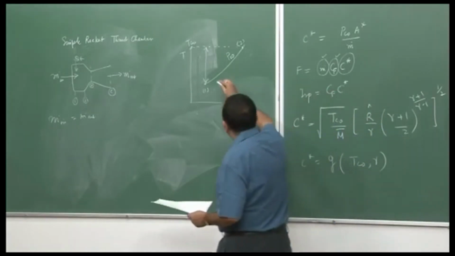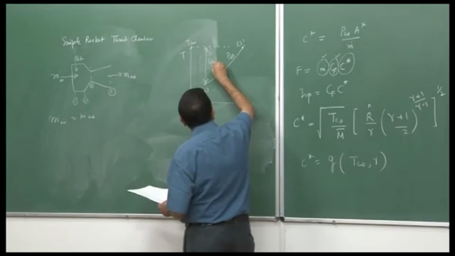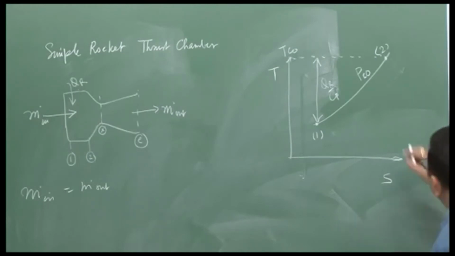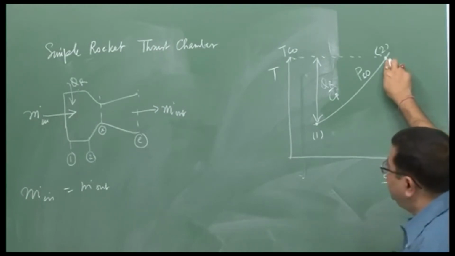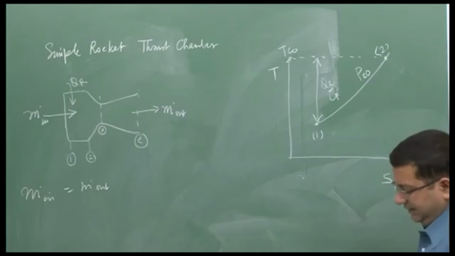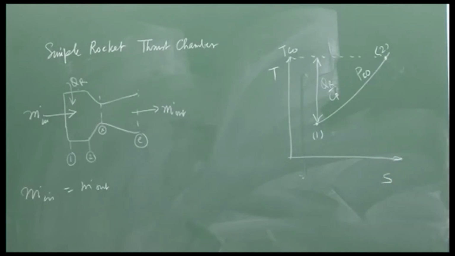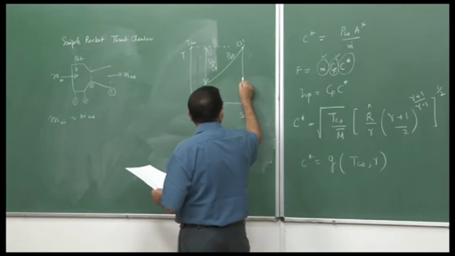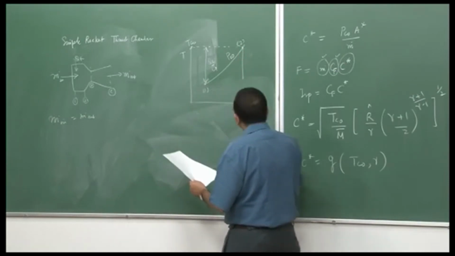So, this will be equal to Q r upon C p, that can be proved from energy balance. Now, after the combustion chamber, in the nozzle there is an expansion. We are considering the expansion to be ideal. So, it is isentropic. So, it goes down vertically.